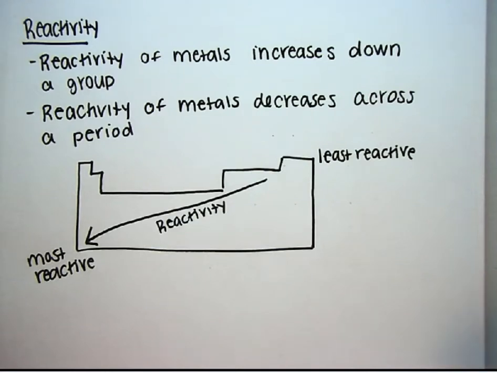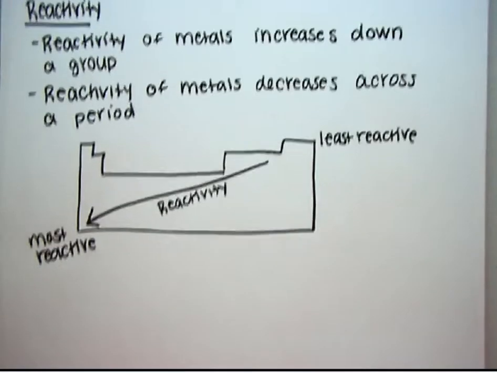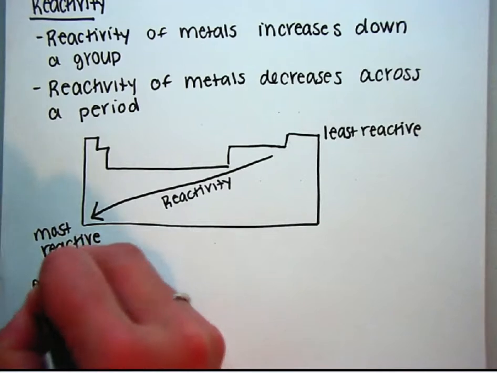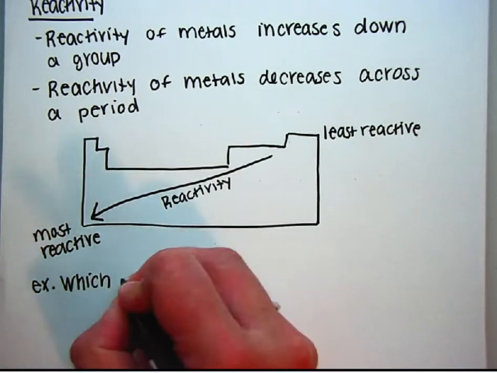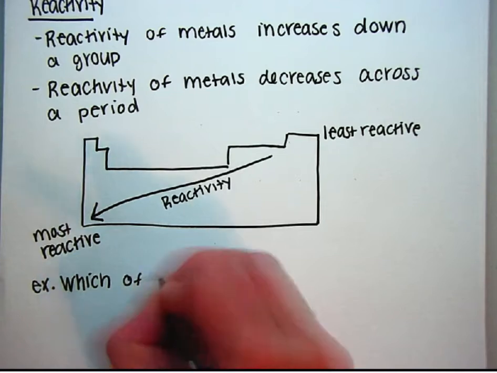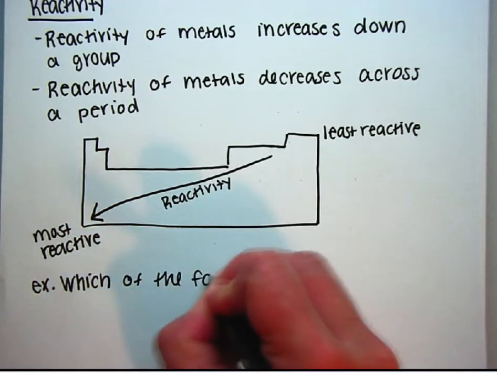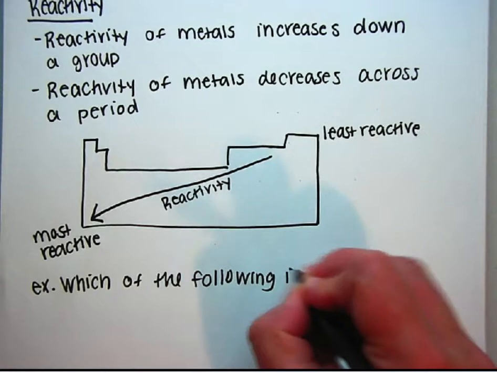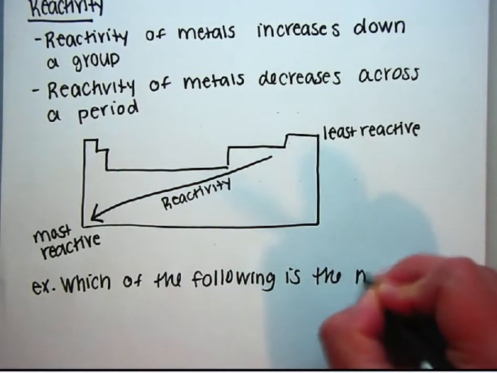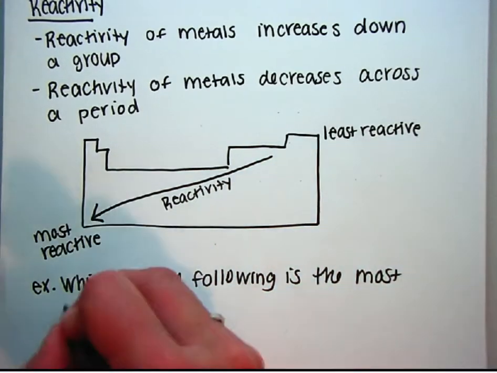So let's say we were given a few electron configurations. Which of the following is the most reactive?